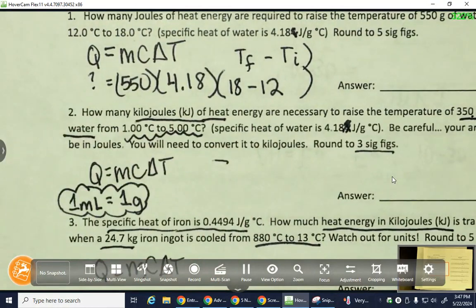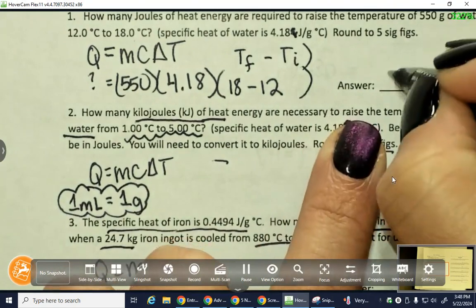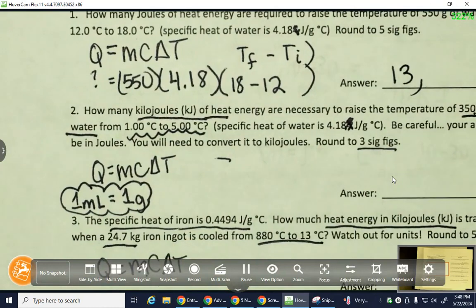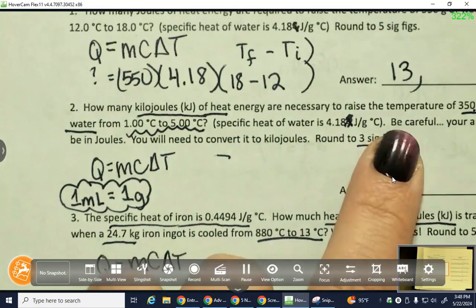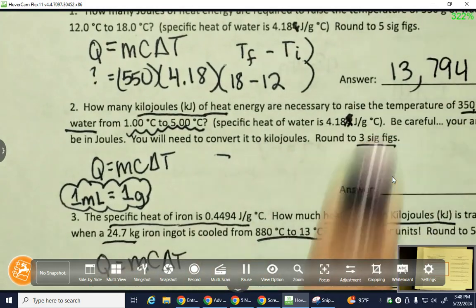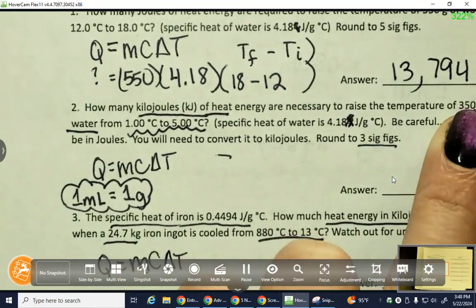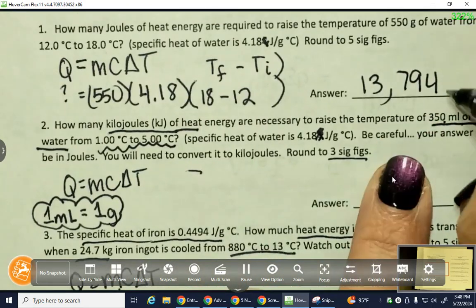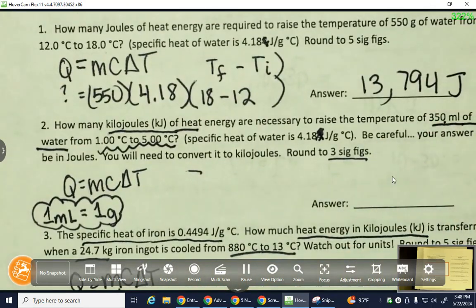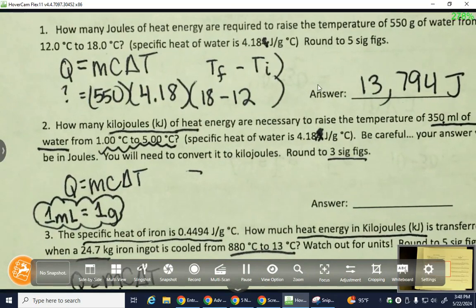When you plug that into your calculator, you would end up with the number, I believe, 13,794. That is in joules, okay? It's in joules. All right, so that's going to be kind of what we're doing, all right?